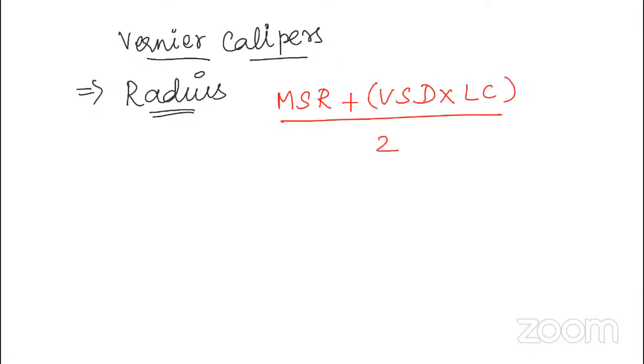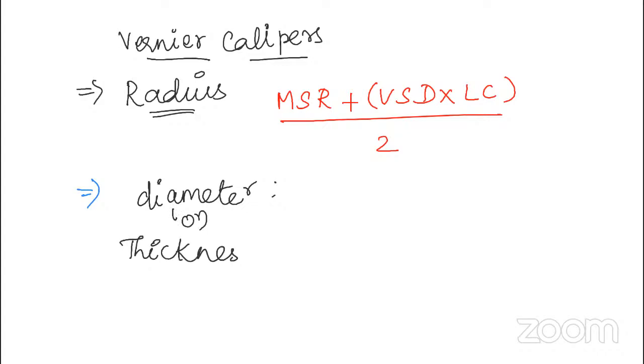For diameter or thickness, we have to use MSR plus VSD into least count.